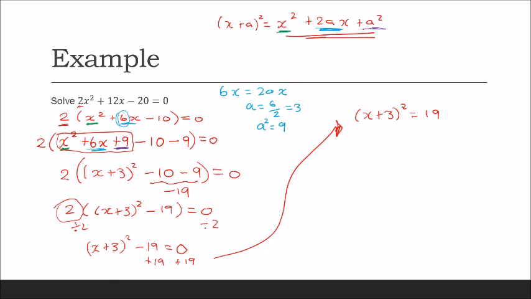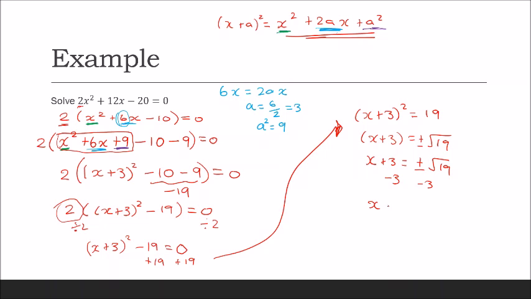I want to square root this now because I want to get inside my bracket again. I've gotten rid of everything outside my bracket, now it's just this bit on top. So I'm going to have x plus 3 is equal to plus or minus square root of 19. This is not a nice number, so I can't do anything more with that. To move my plus 3, I move that to the other side.